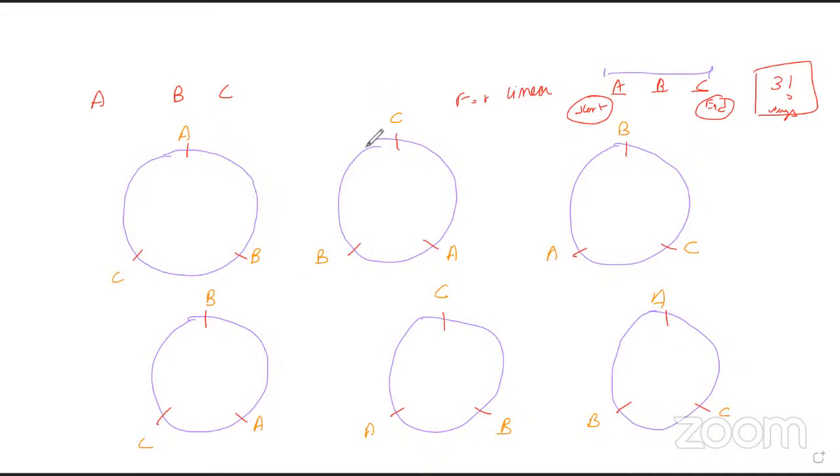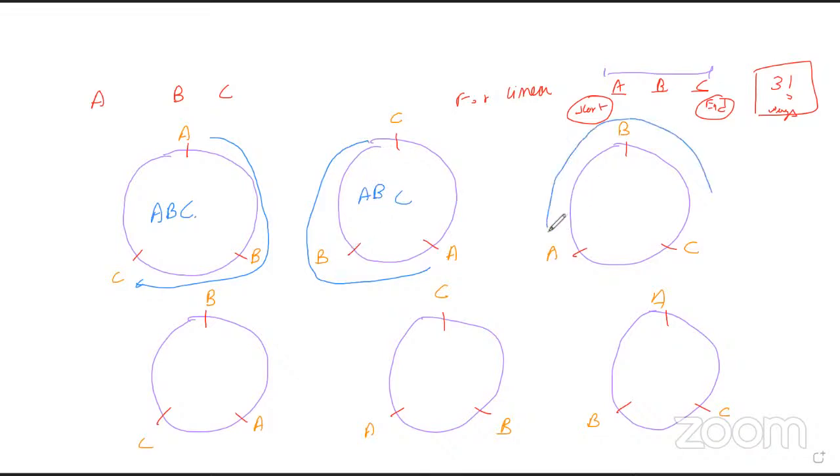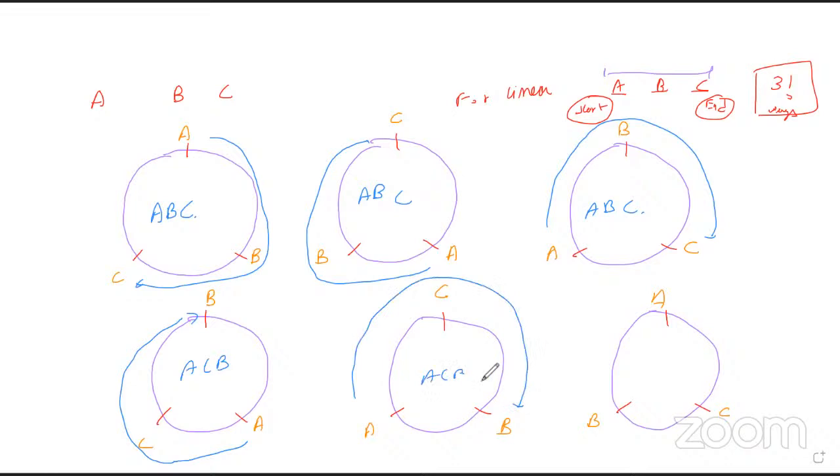Now if we read it clockwise, you will read it as ABC, ABC, ABC, and the others as ACB. So if you read it clockwise, you will have only 2 distinct ways.